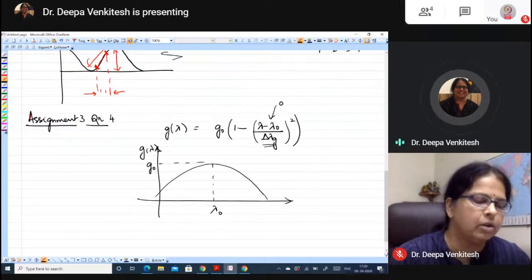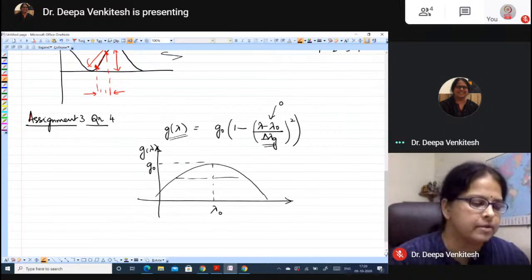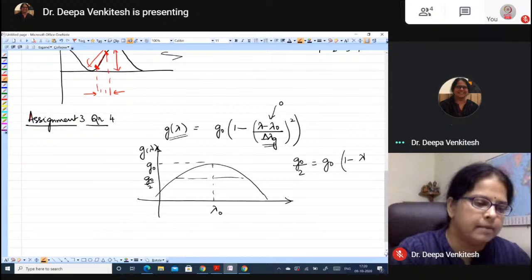So how do you understand this parabolic shape? When does G of lambda become, let's say, half of its peak G naught? Then G naught by 2 is G naught times 1 minus lambda prime, where it becomes half, minus lambda naught divided by delta lambda G, the whole square.